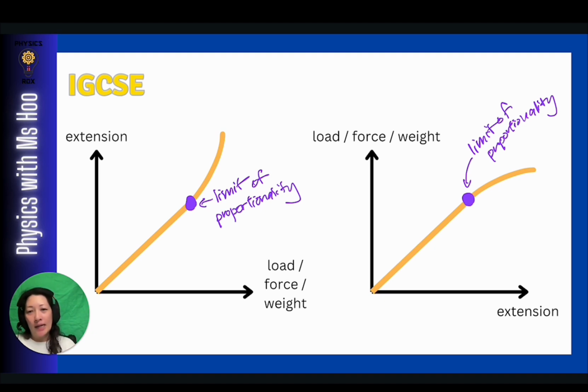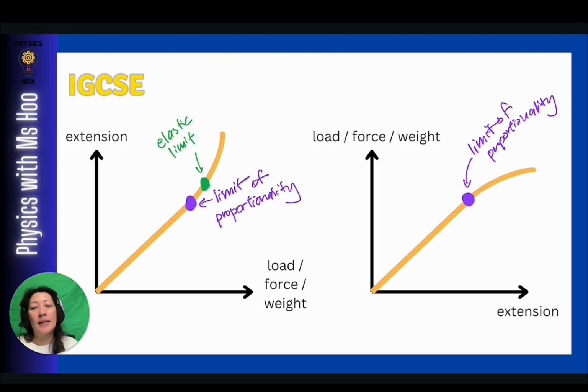So between the limit of proportionality and the elastic limit, you'll find that yes, there is a very small value where the spring no longer follows the relationship of directly proportional, but the spring can still return to its original shape and size. So the elastic limit and the limit of proportionality are not the same point on the graph for IGCSE.